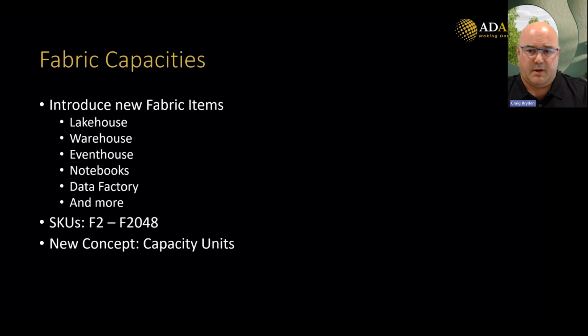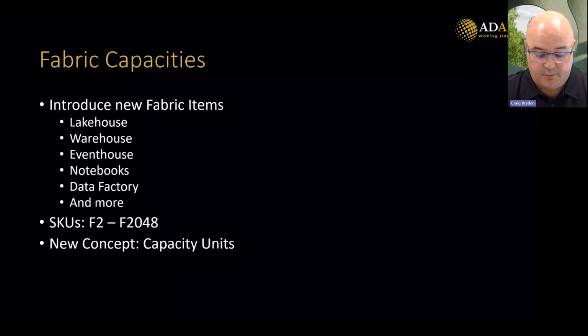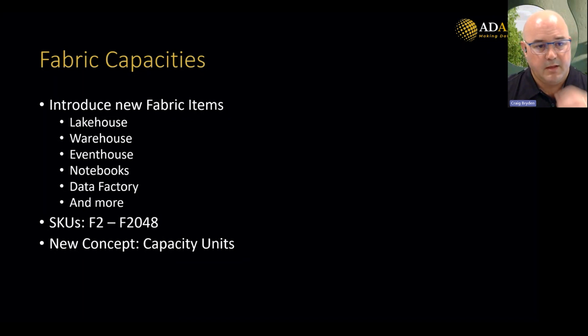Because depending on the SKU you get a certain amount of capacity units. A simplified way to think about it is capacity units buy you a certain amount of compute power per minute, per second, per day, okay?